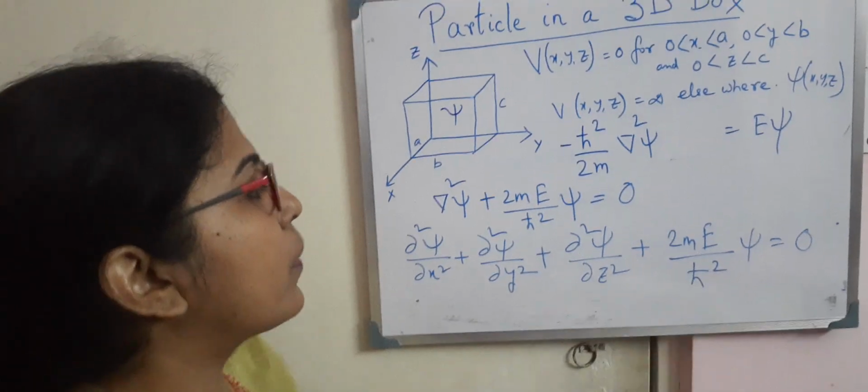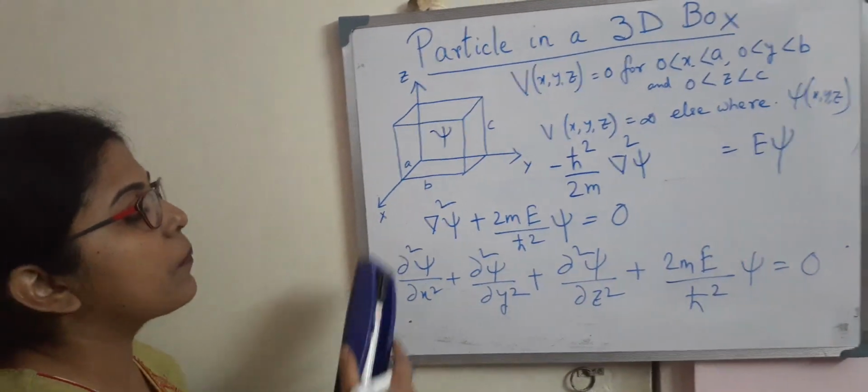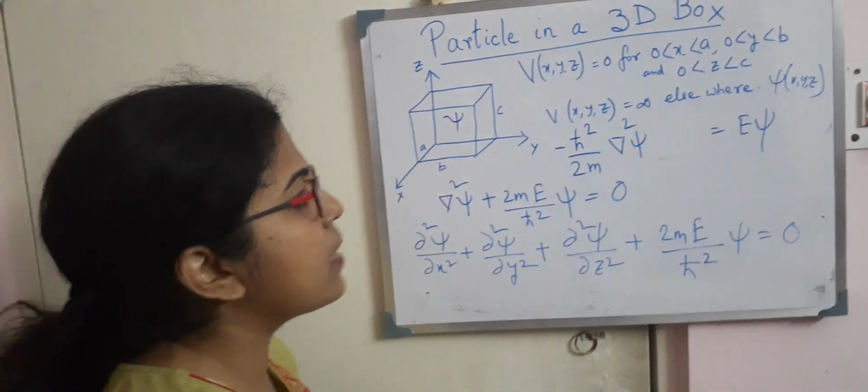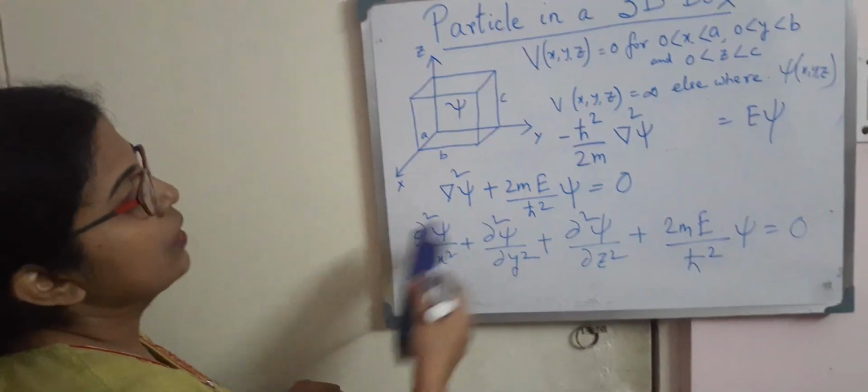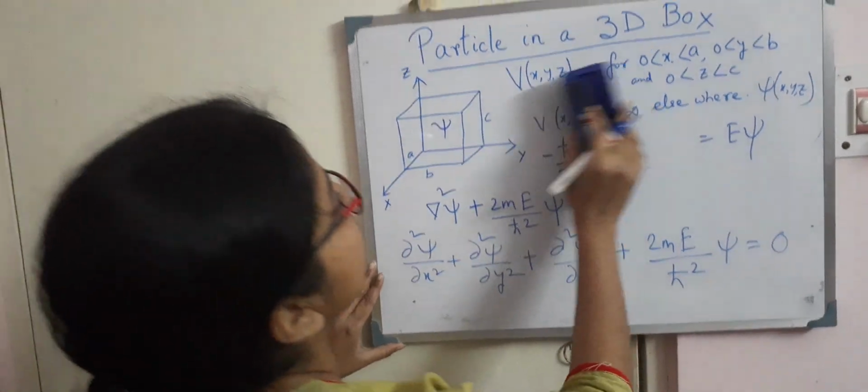So to solve this equation, again we have to separate out these variables x, y and z. We will be using the method of separation of variables once again to solve this equation.